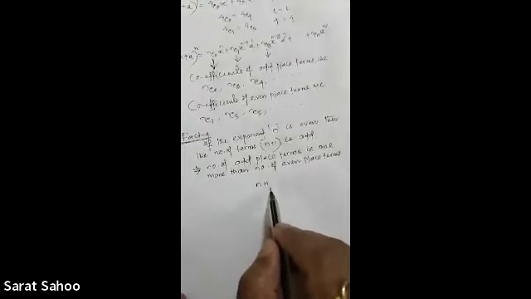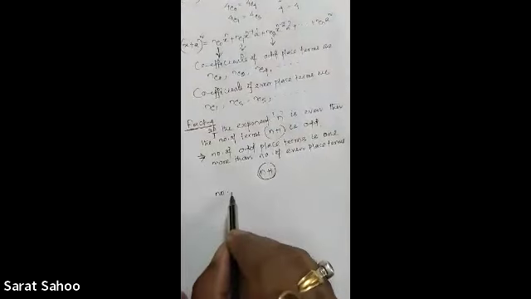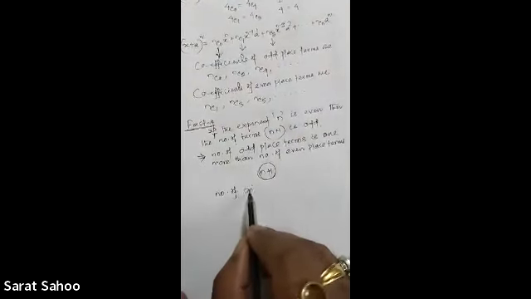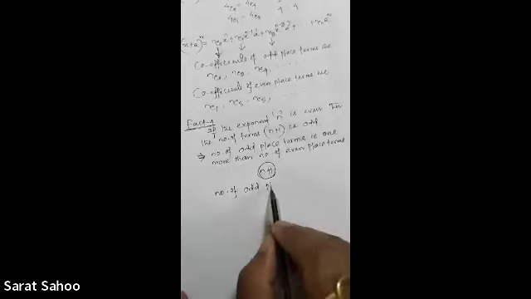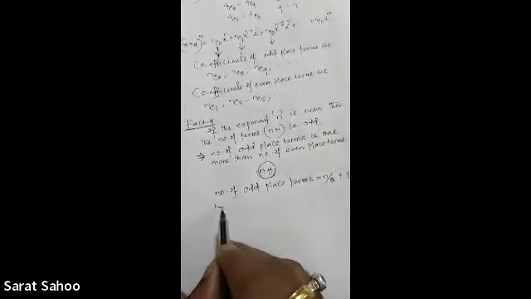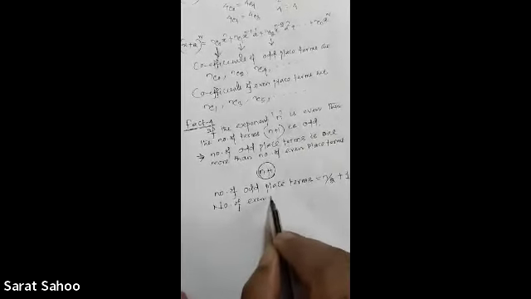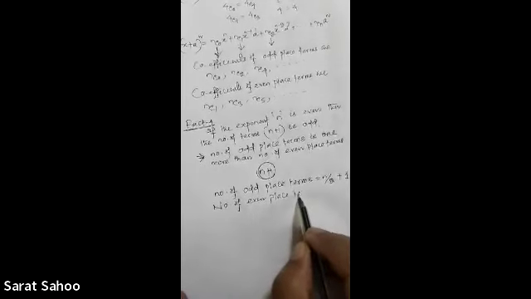Okay. So the total number of terms is n plus 1. So the number of odd place terms is one more than the number of even place terms. So the number of odd place terms is equal to n by 2 plus 1, and the number of even place terms is equal to n by 2.